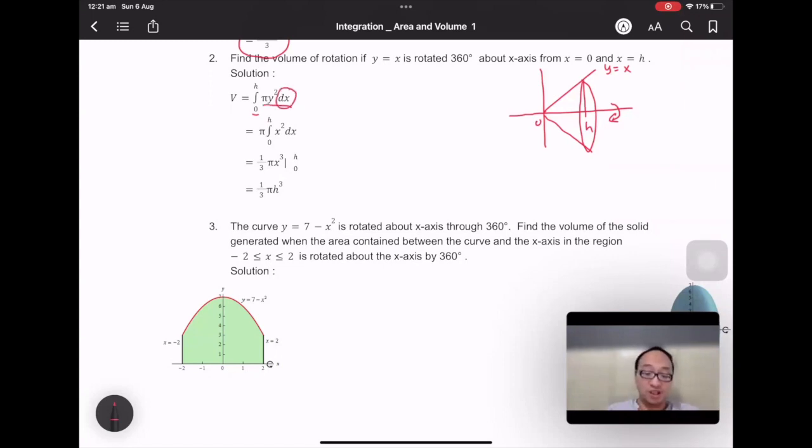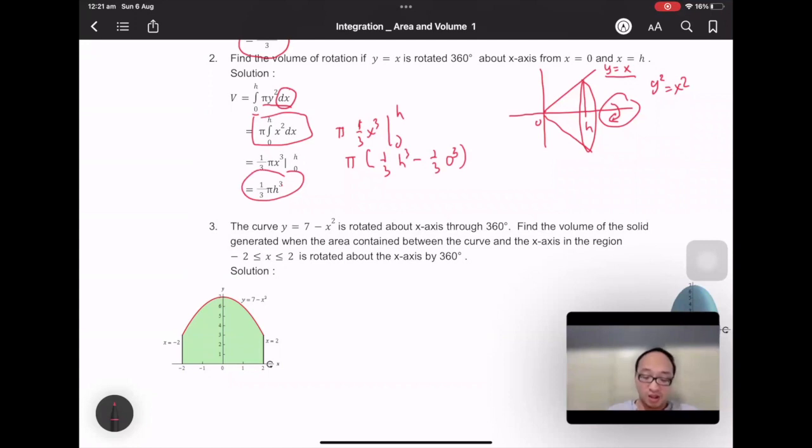We use x because we rotate about the x-axis. So y equals f(x), so y squared equals x squared. We put it into the formula and integrate this into pi times 1/3 x cubed from 0 until h. Put it into the definite integral: 1/3 h cubed minus 1/3 0 cubed. So it's 1/3 pi h cubed.